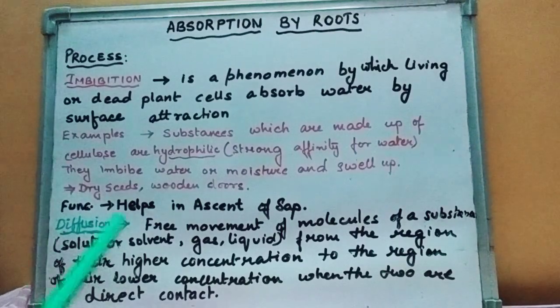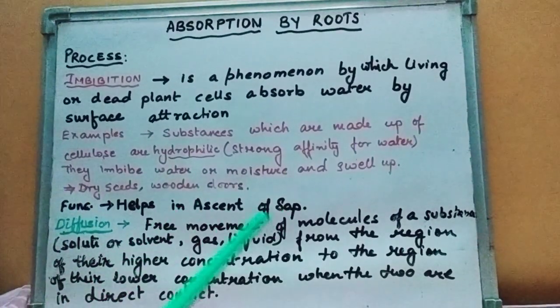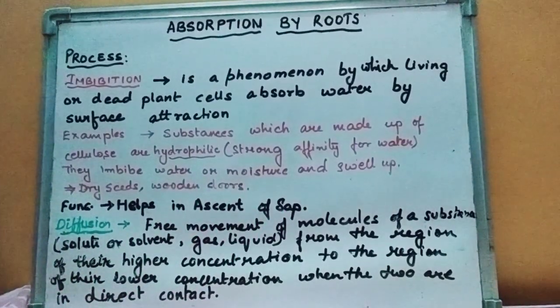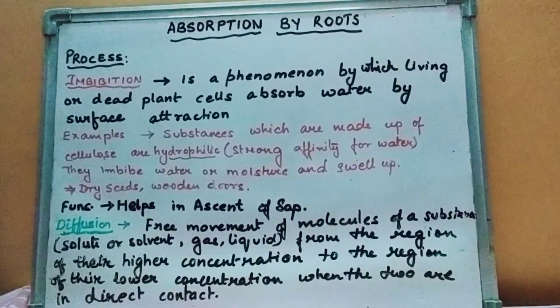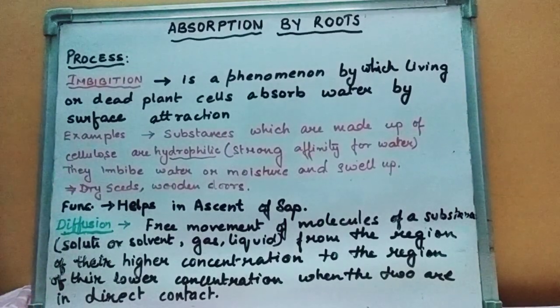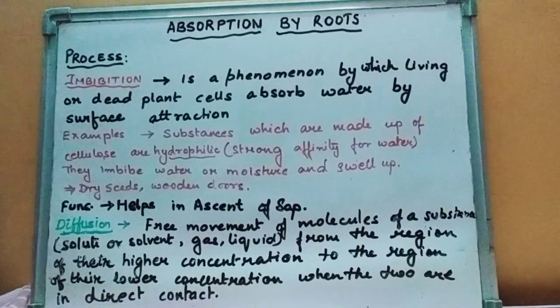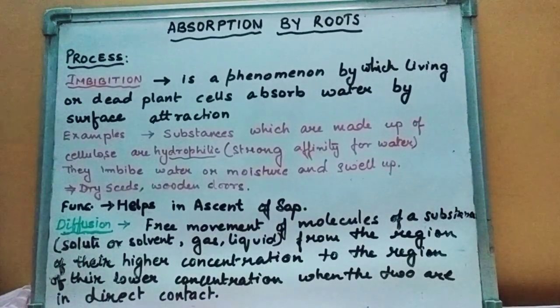Now the function of imbibition is that it helps in ascent of sap. Now what is sap? Sap is the water and mineral content in the plant cell which remains in the vacuole of the cell, and ascent of sap means upward movement of water and minerals through the xylem vessels to the different parts of the plant body.